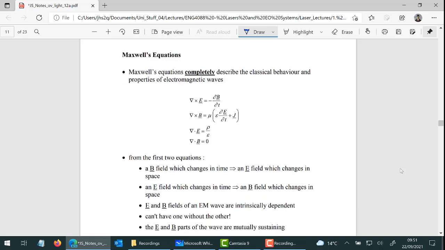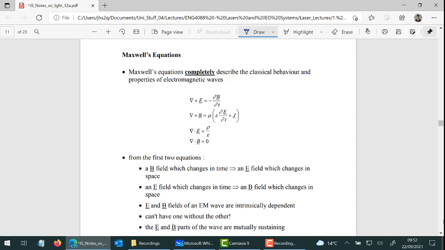Okay, this is all very exciting, of course, but we come now to one of the great achievements within science and engineering, the work of James Clerk Maxwell, and he figured out that the relationship between the electric and the magnetic field is interdependent.